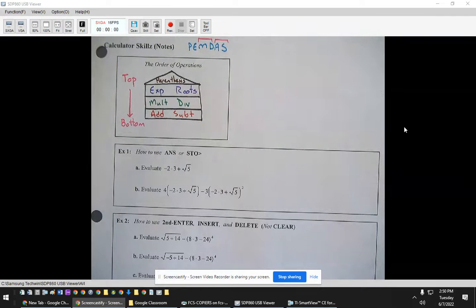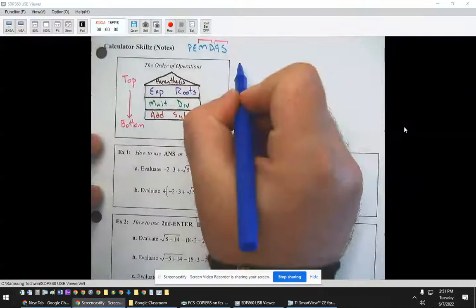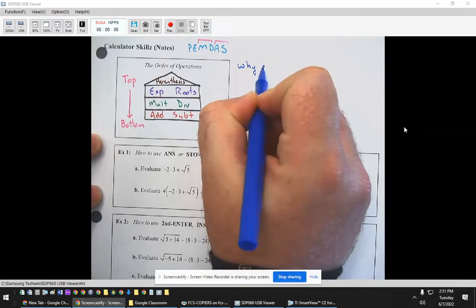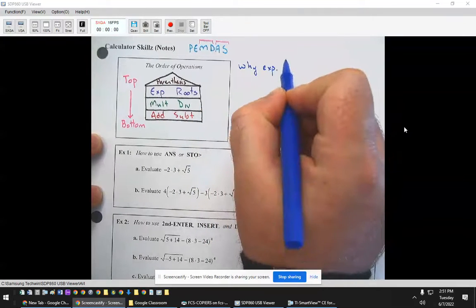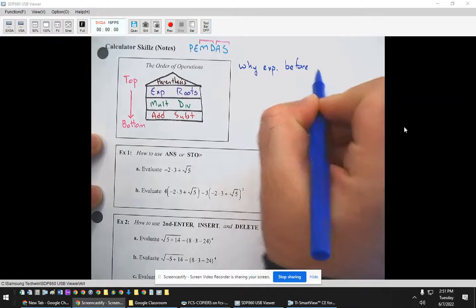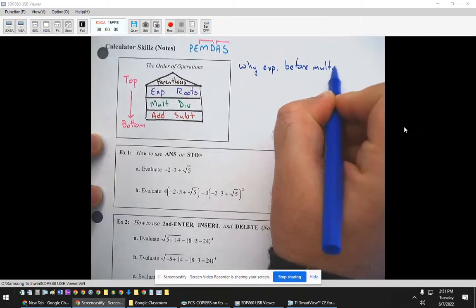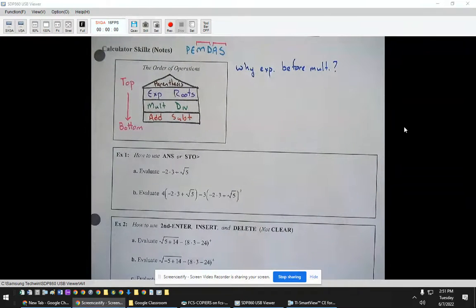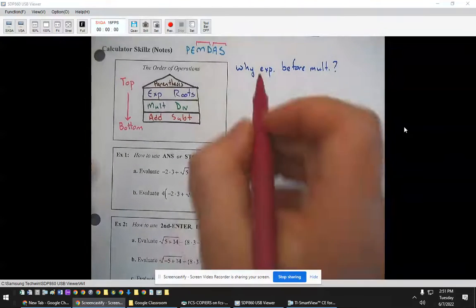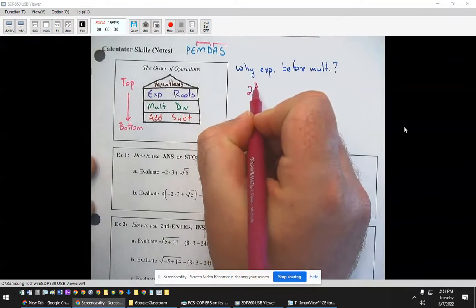Why do we have to do exponents before we do, let's say, multiplication? Now, it's not because there's some old dead guy who said that you have to do it in this order. It's because what do exponents mean? What does 2 to the third mean?